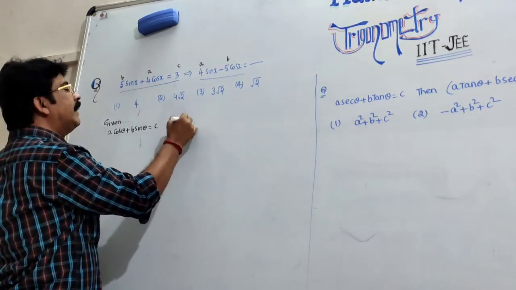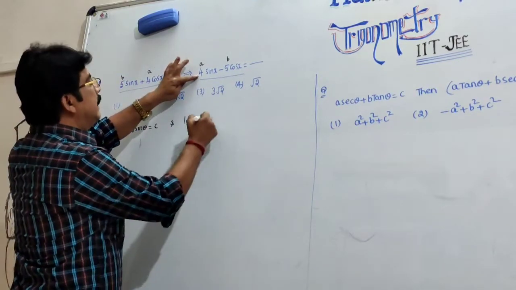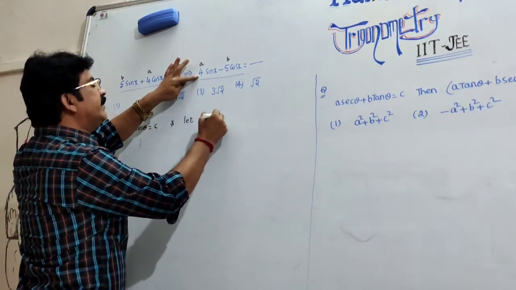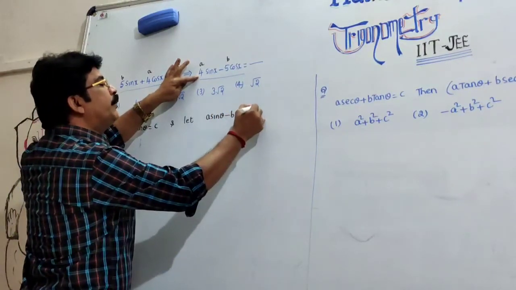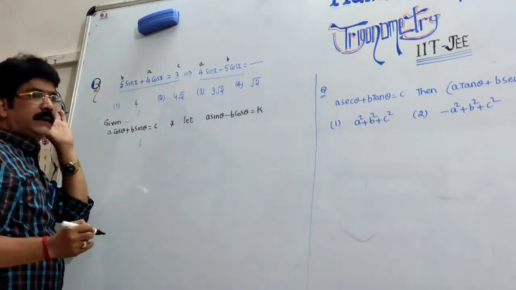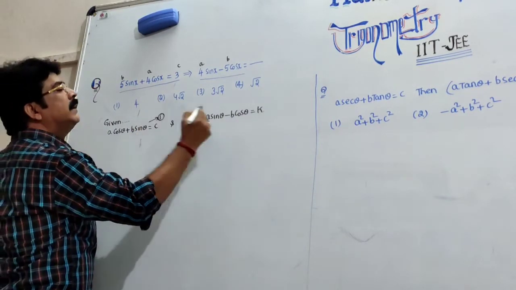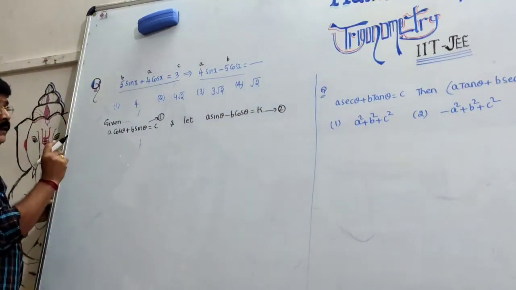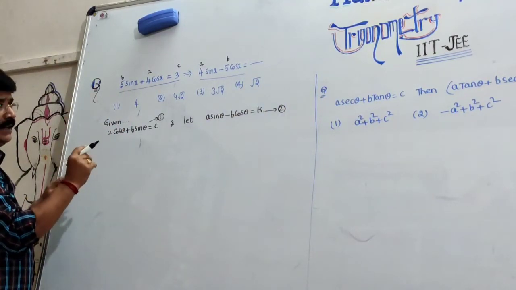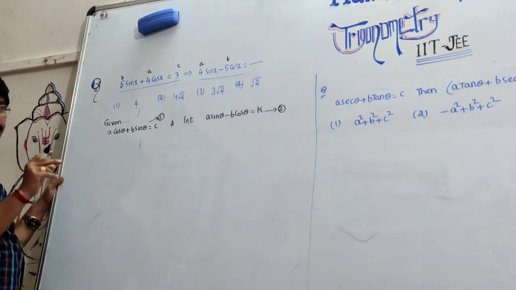And let our required value, a sin theta minus b cos theta, be k, because actually we don't know it. Let these be equation number 1 and equation number 2, and we take squaring and adding both equations. Understand? Then it will become a very easy process.